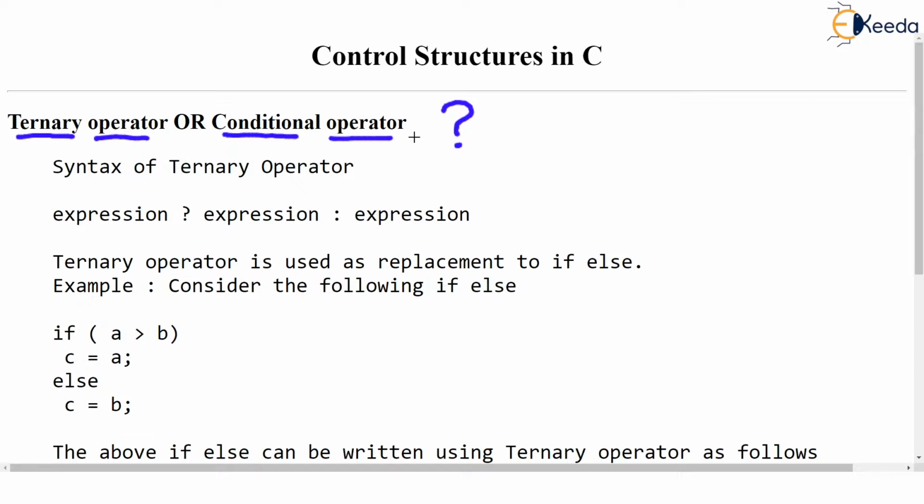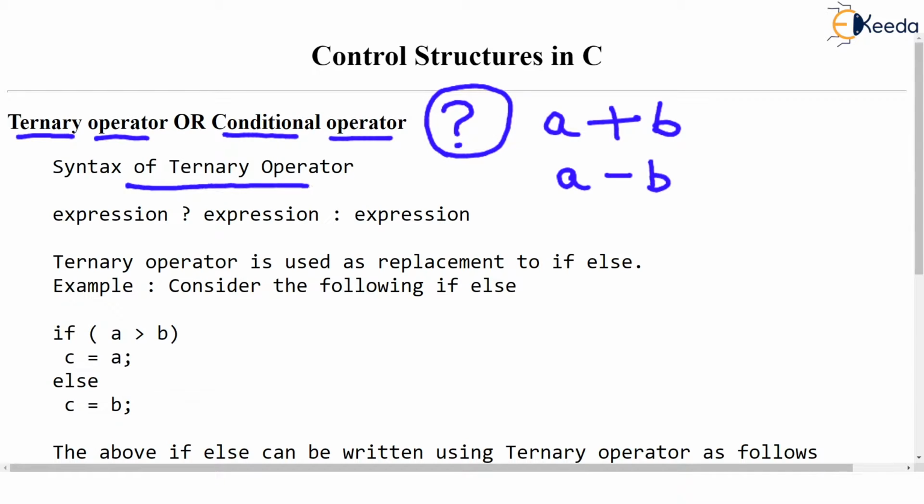What I mean is, plus is a binary operator because it works with two operands, or minus is a binary operator, it works with two operands. Correct? But question mark is such an operator which works with three operands. See the grammar of the ternary operator, the syntax.